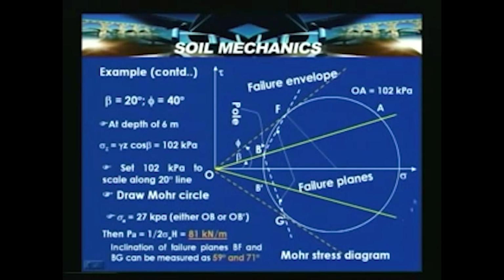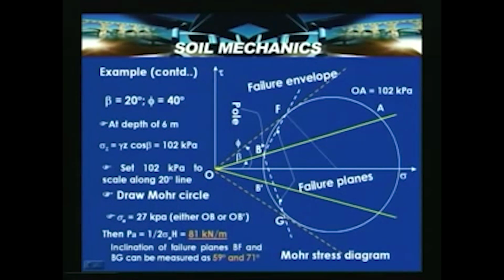Once we draw the Mohr circle, sigma A is equal to 27 kilopascals, which is either OB or OB dash, both are the same. With this we get the active earth pressure ordinate, that is 27 kilopascals. Then Pa, the active earth pressure thrust, is equal to half sigma A times H, which yields about 81 kilonewton per meter.